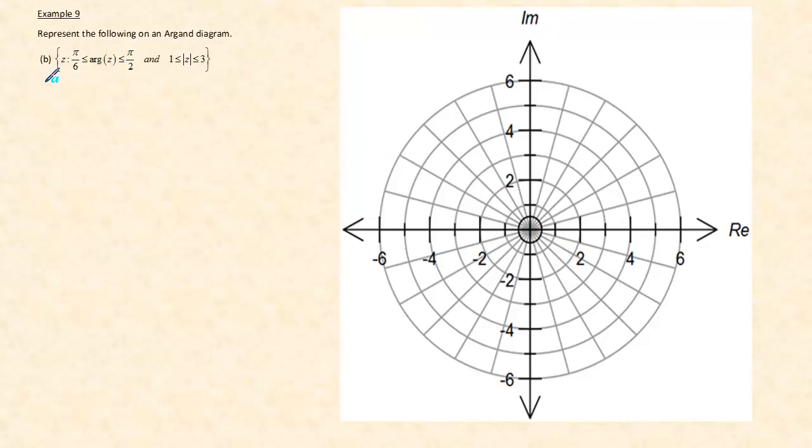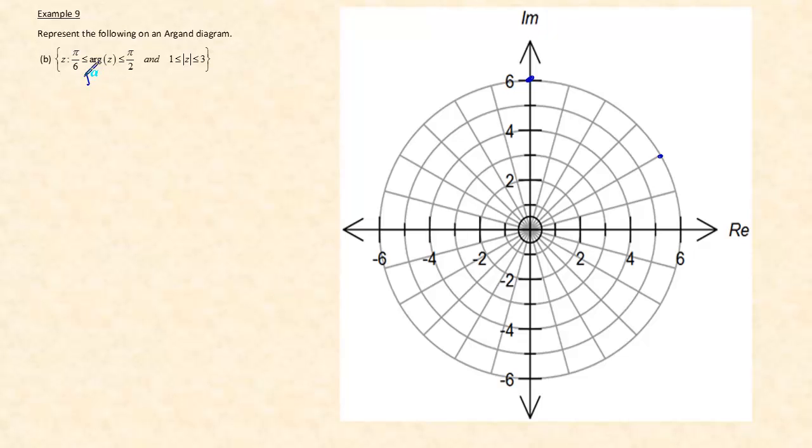In part B we want the set of points z such that the argument of z is between pi by 6 and pi by 2 and the modulus of z is between 1 and 3. So the same grid we looked at before, pi by 6 is 30 degrees, so that's this ray here, and pi by 2 is this ray here.